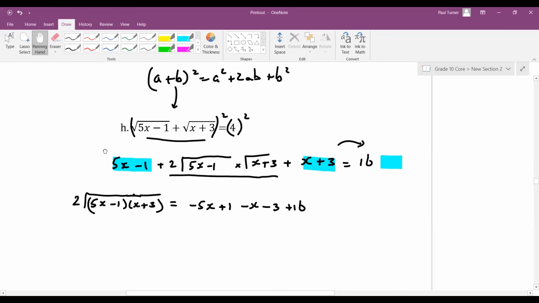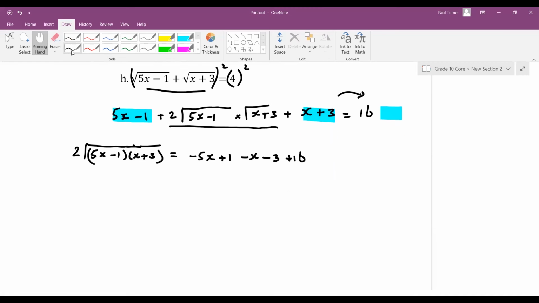You see, this is a really nasty question, but it's something you do see in some books. This one, I'll just leave it in brackets for now. 5x minus 1, x plus 3. You can copy along with me, or you'll need to watch the video later. So 5x minus x, that's going to be minus 6x.